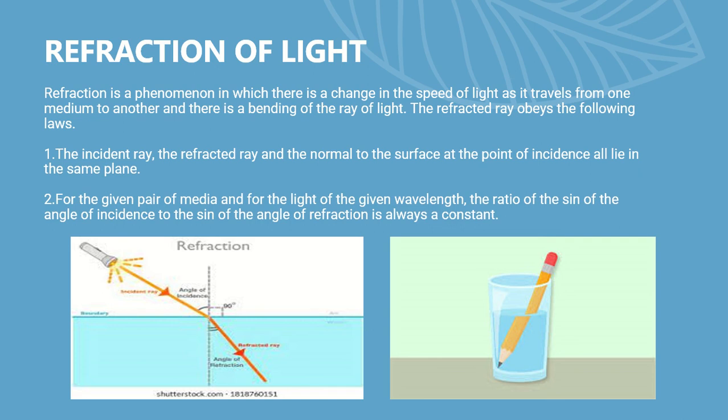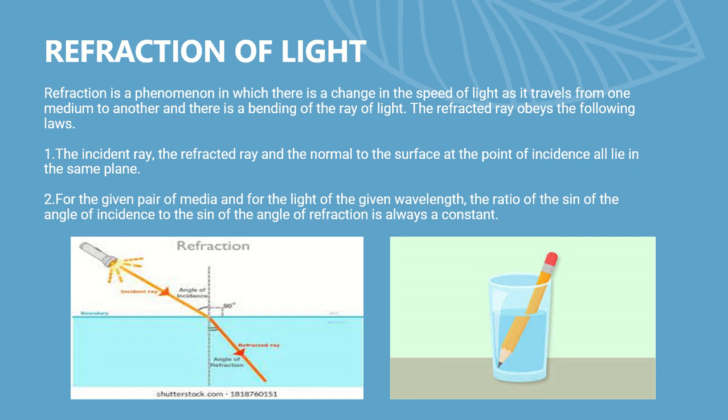Here you can see in the first picture, an incident ray is penetrating through another medium. Say for example, if the incident ray is in the air medium and it is projected on the surface of water medium, it does not reflect back, but it is penetrated through the water medium.